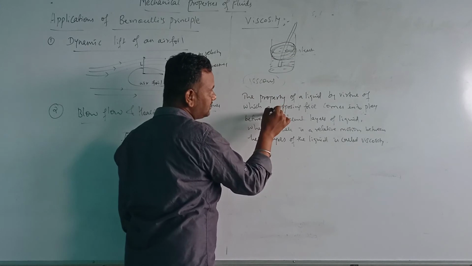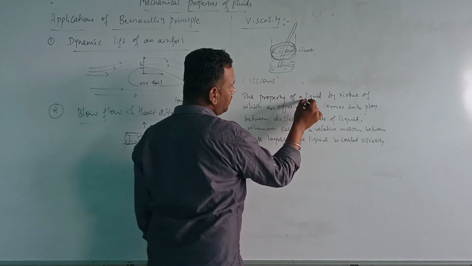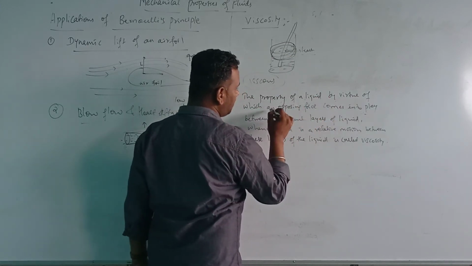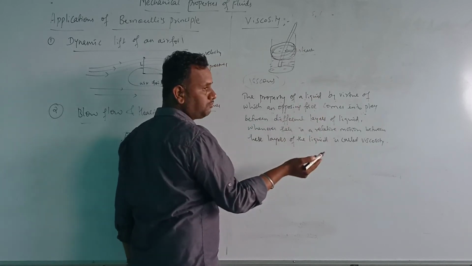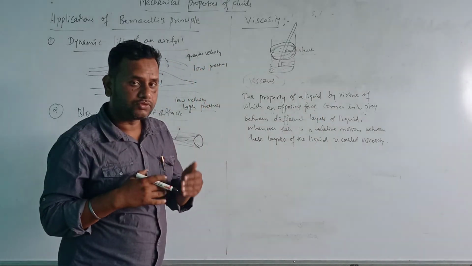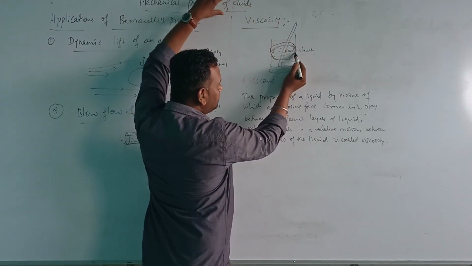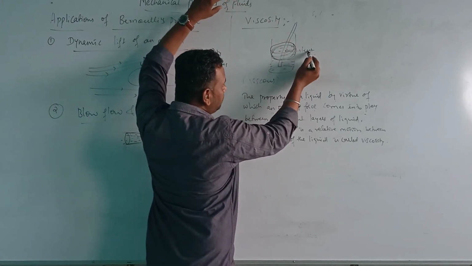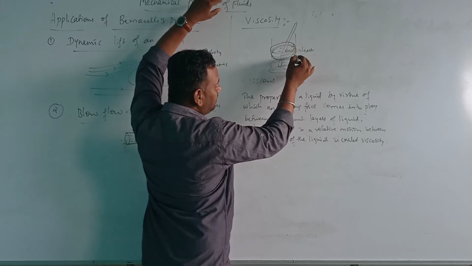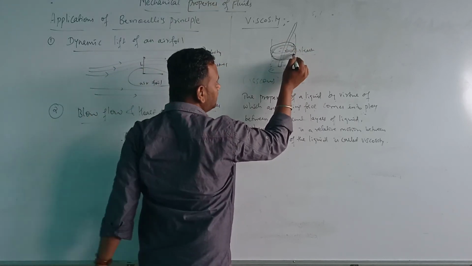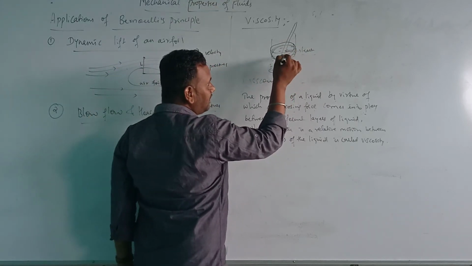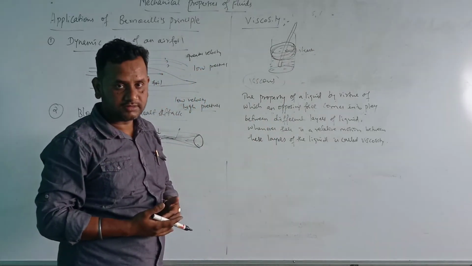That is what the definition says: the property of a liquid by virtue of which an opposing force comes into play. What opposing force comes into play between the different layers? The layers along the sides of the beaker move with least velocity, and the layers towards the center move with a greater speed.